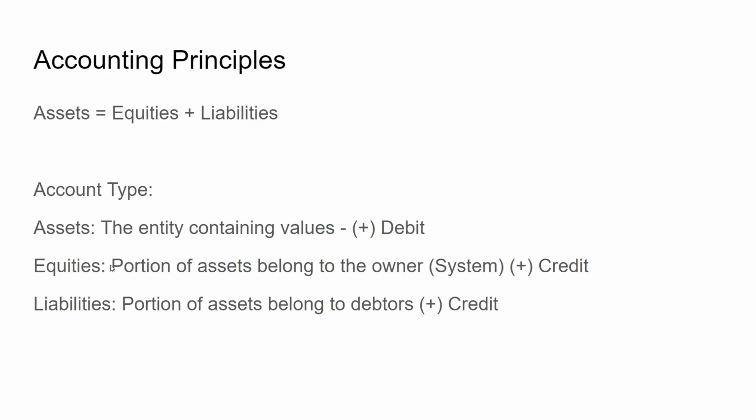It means your equity is 200,000, because 200,000 belongs to you and the other 800,000 belongs to the bank. So when you run the business it is always like this: equity belongs to you, and liability is the portion of the asset that belongs to the debtor, that we call credit.